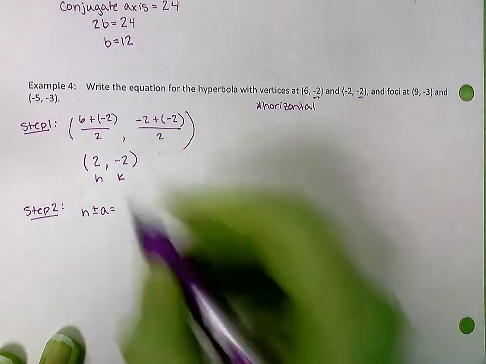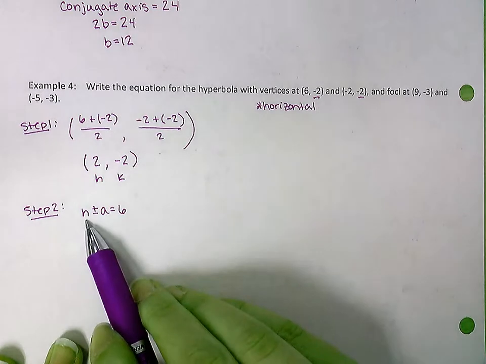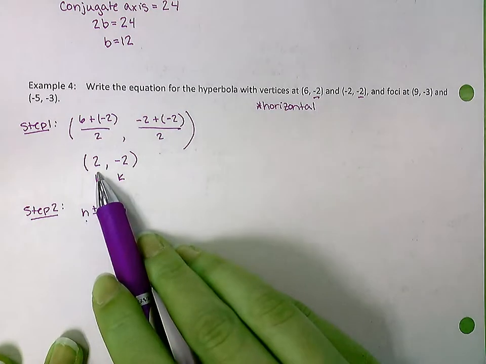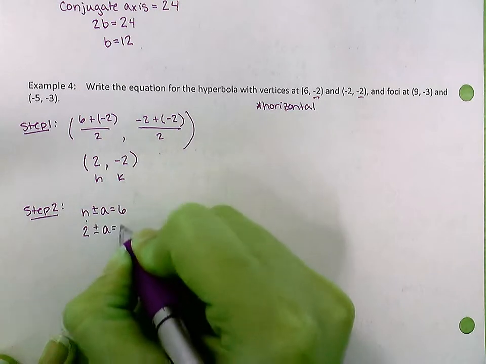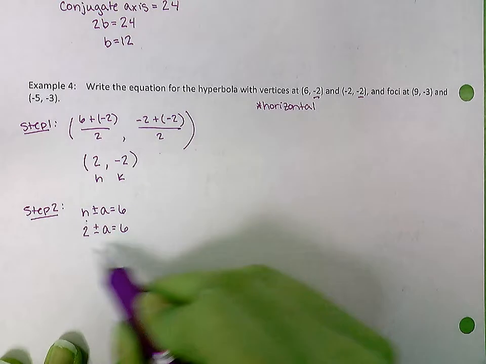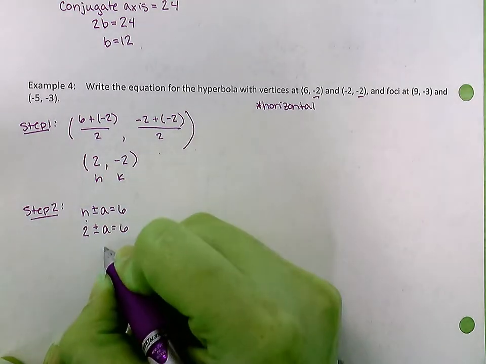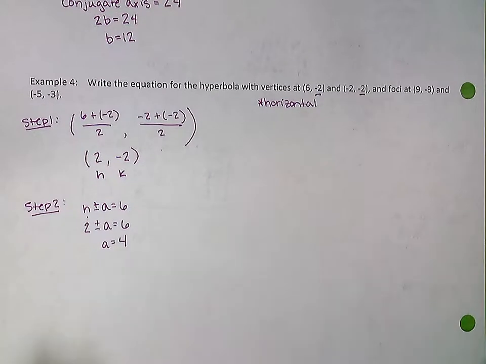Doesn't matter, I'm going to pick 6. Then I can plug in my h value that I found. That was 2. Subtract 2. So a is going to equal 4.